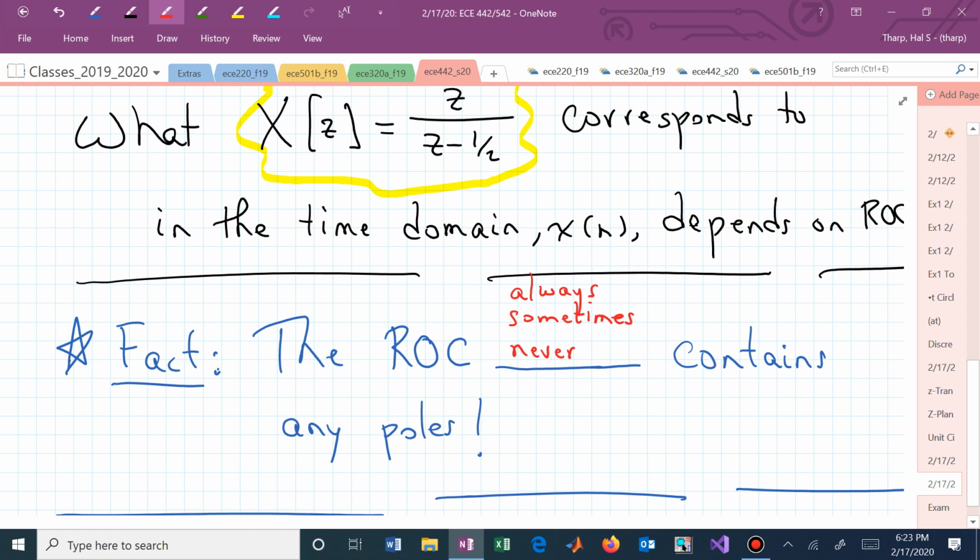So let's just say always is up with your thumb, never is down with your thumb, and sometimes is horizontal. The region of convergence, blank, contains any poles. And I need you to tell me with your thumb which one you are voting for at the count of 3. 1, 2, 3.